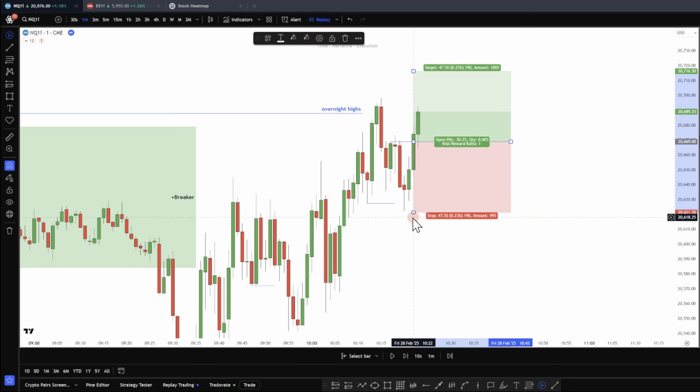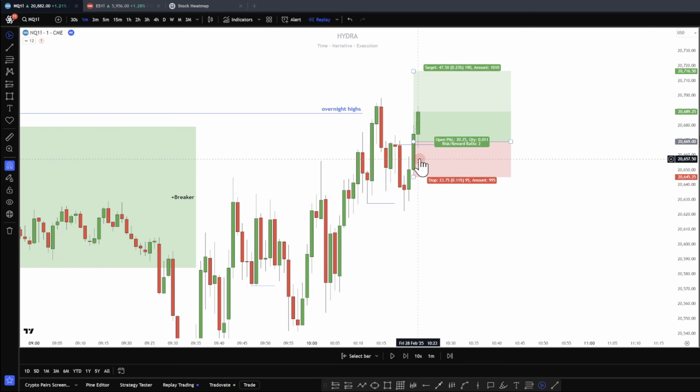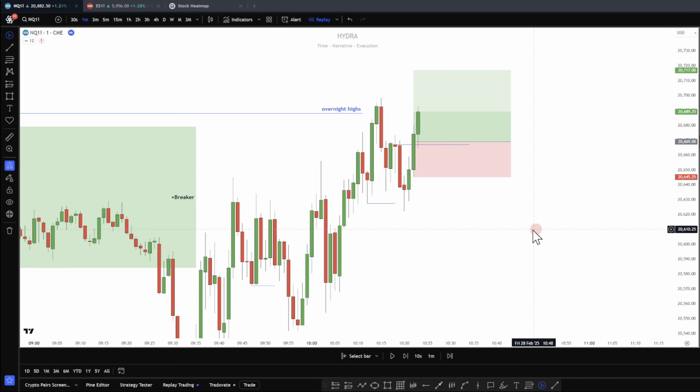I took the entry here with a stop loss just below this order block. So I'm referring to the down close candles here, not the up close candles. Noobs will consider this as a breaker block. I do not. I consider these as an order block, and as soon as price closed the candle's body above it, I had my entry and I was aiming for around 2R with a stop loss down here.